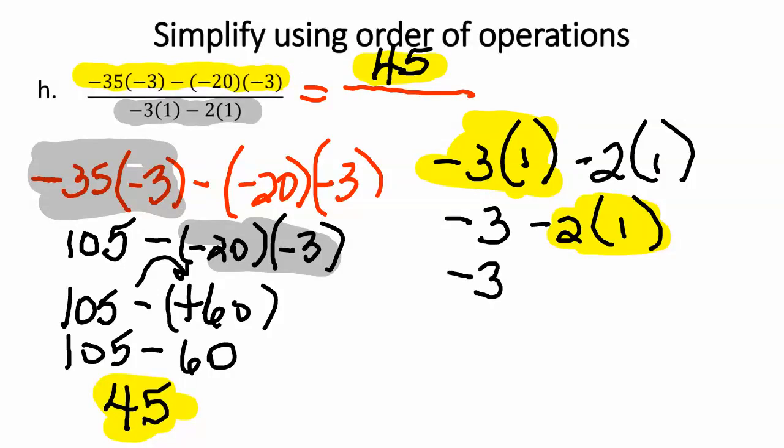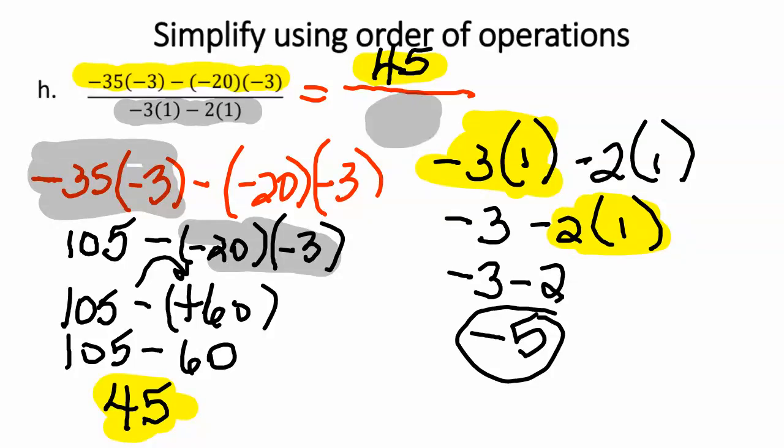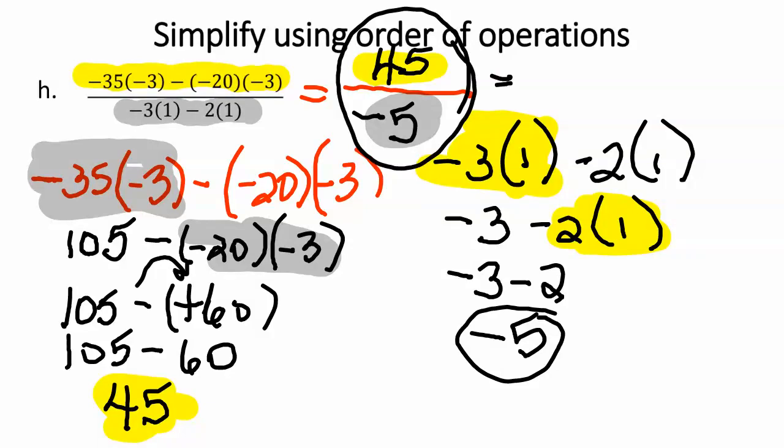This will give me -3 minus 2, which gives me a -5. So that means that this denominator right here is -5. Now divide. What does that red line mean? -9 is my final answer. Yay! Okay.